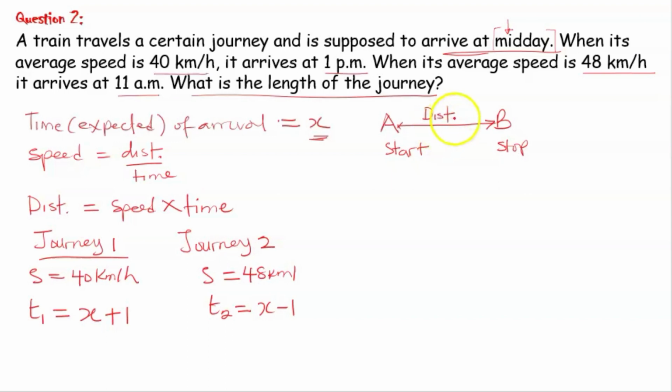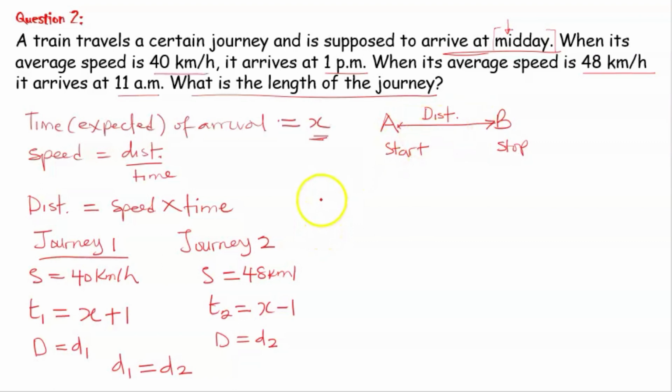So having that in mind, we agree that the distance here is D1, and the distance here is denoted by D2, but D1 will be equal to D2 because the distance will not change. It's still the same distance the train covered in each case.